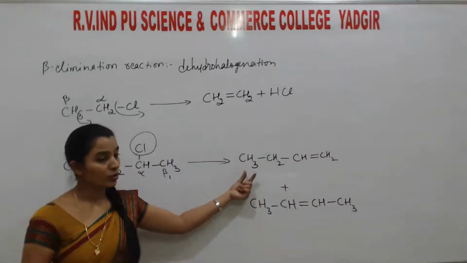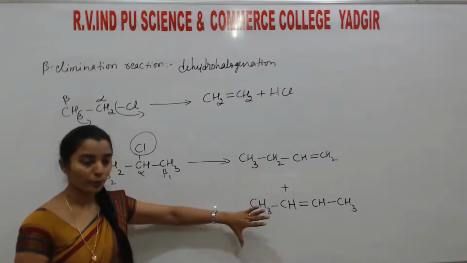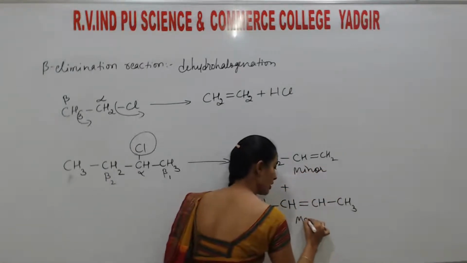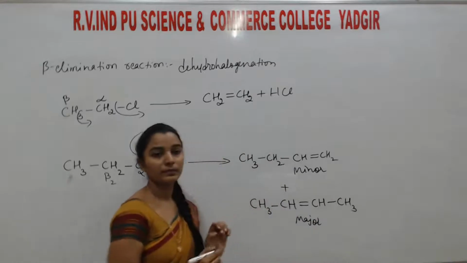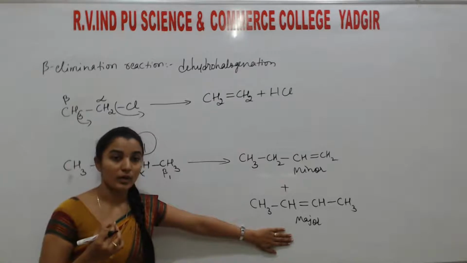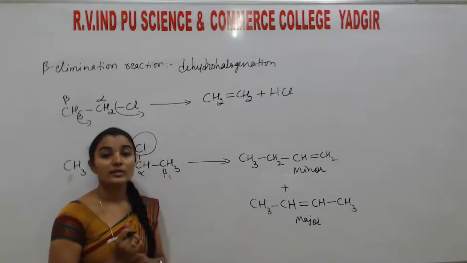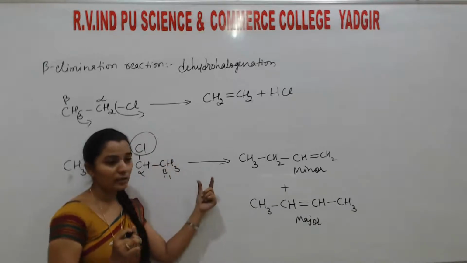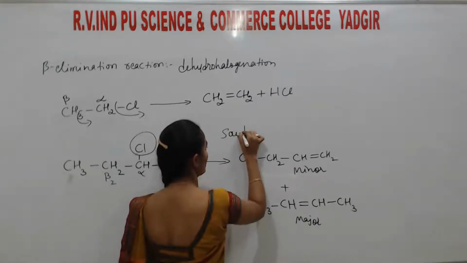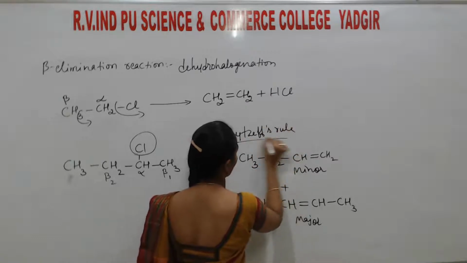Correct? There are two possibilities for the formation of two products. Among these, one is the minor product and one is the major product. This one is minor and this one is major. Why? This is according to Saytzeff's rule, which means beta elimination always takes place according to Saytzeff's rule.